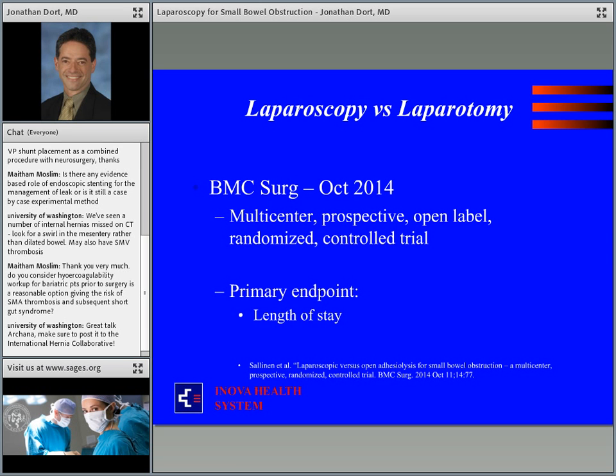Also, NSQIP doesn't mention anything about surgeon experience and personal complication rates, so there are certainly elements of this that need to be taken with a grain of salt. However, having said that, those differences were definitely significant.